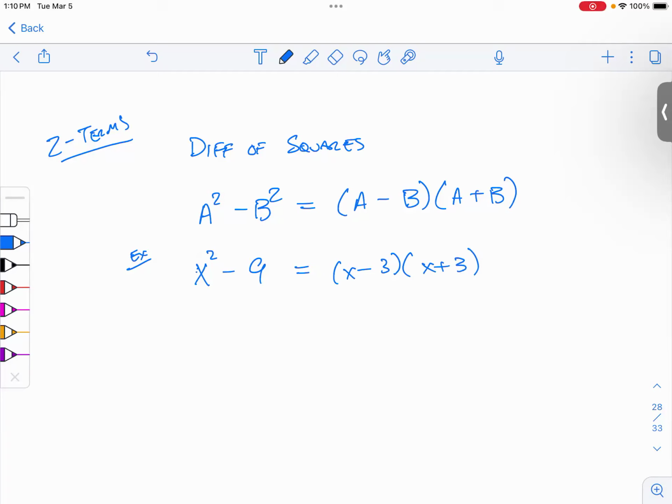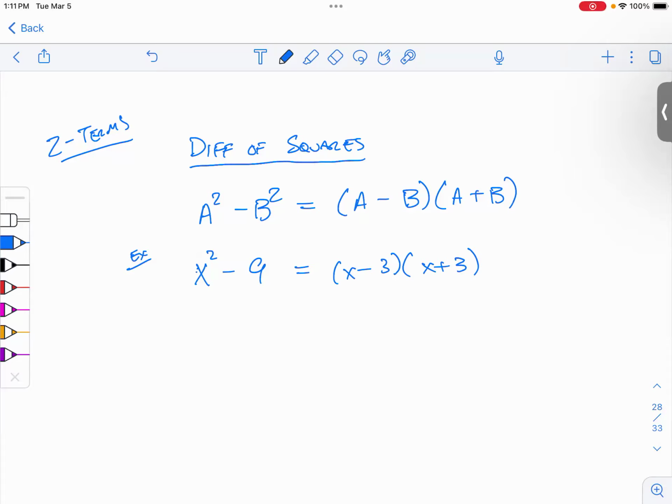Now I can do that with the diamond. All right, the top of the diamond would be -9, and the bottom of the diamond would be 0, right? Because there is no middle term. And then you can actually figure that out, and you'll be like, oh, let's see what multiplies to -9 and sums to 0, -3, +3. This is just better if you could just look at these ones. You should be able to look at and identify.